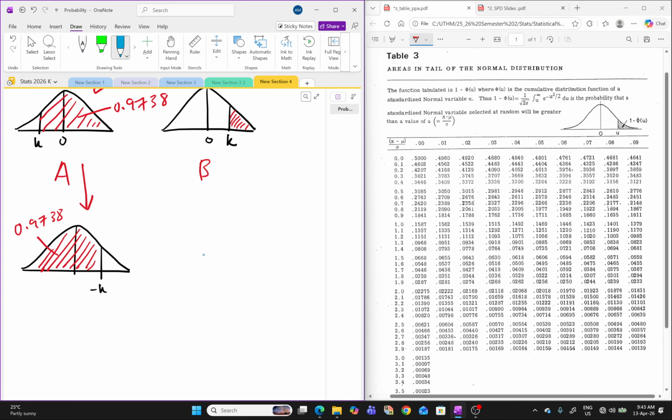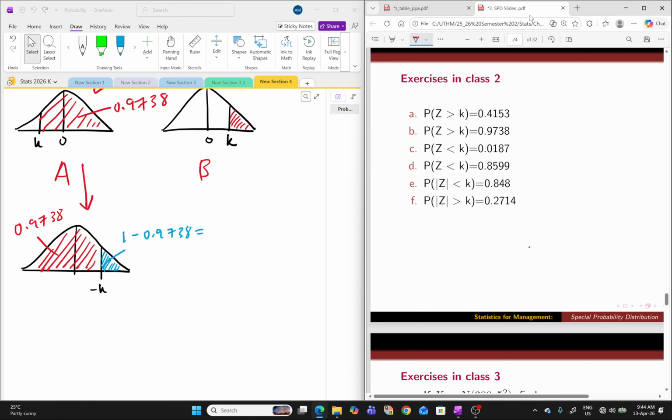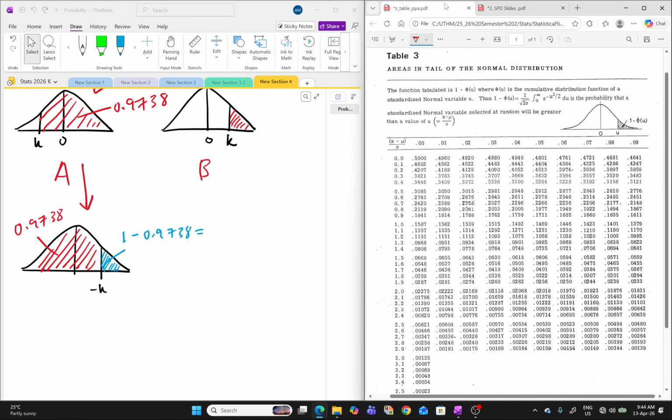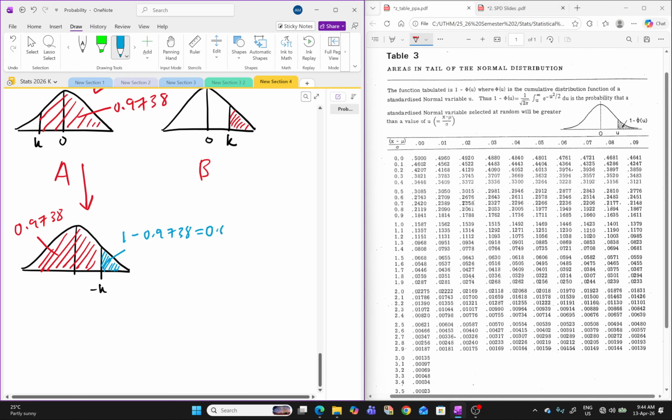Now remember, our table gives only the right hand side, the blue color one. How to find the blue color? 1 minus 0.9738, you will get 0.0262.